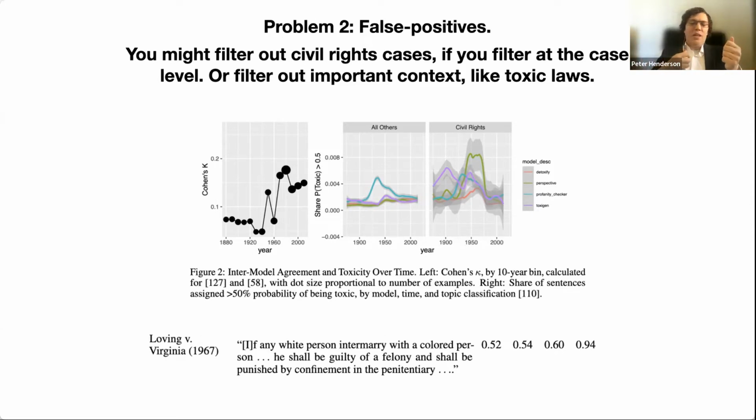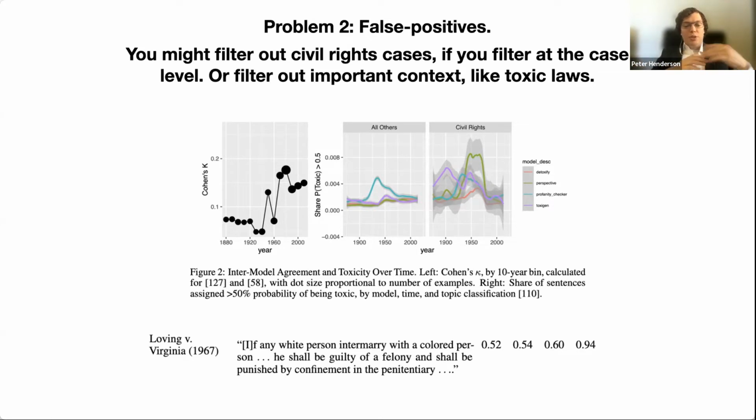So it might be important to have the sort of toxic law so that you know that that sort of law is unacceptable, right? And so you might not want to filter that toxic law because you're simply quoting it to say this law is not constitutional, should be overturned.